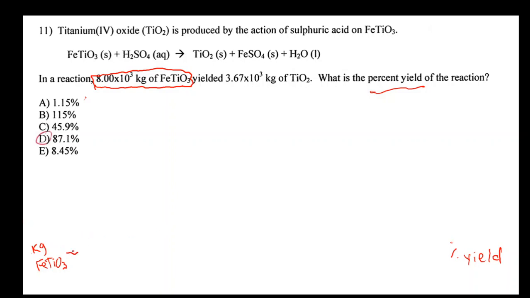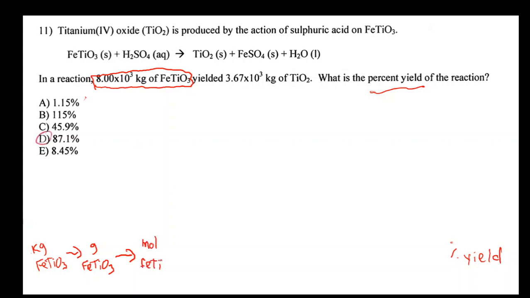So the first thing we can do is convert that kilograms to grams of FeTiO3, since dealing with kilograms of anything in chemistry is not fun. That's just a simple unit conversion, so that'll be easy enough to do. And then once we're in grams of FeTiO3, we can convert that to moles of FeTiO3 using an atomic mass.